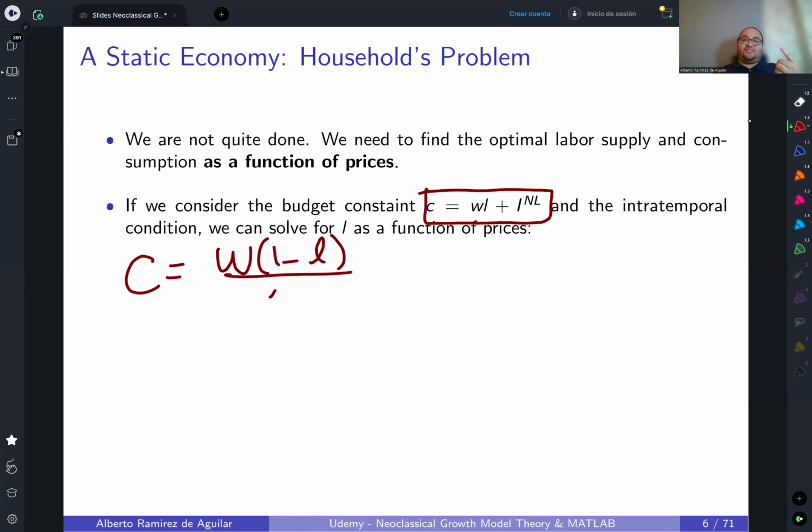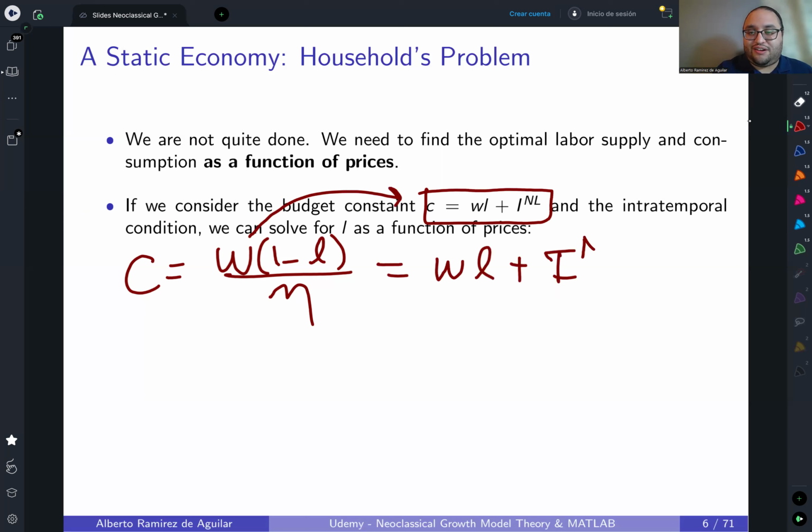Sorry, I was doing this wrong. Okay, so this was the intratemporal condition. So these are two equations with two unknowns, C and L. If we substitute this here, we get that this has to be equal to WL plus the non-labor income. So we have then one equation with one unknown, L.